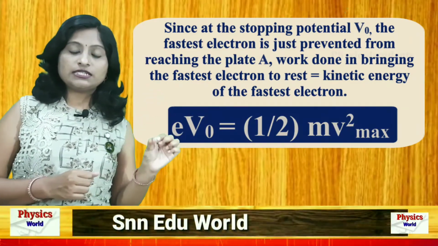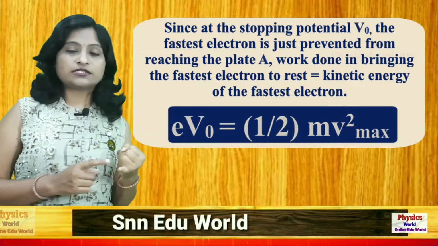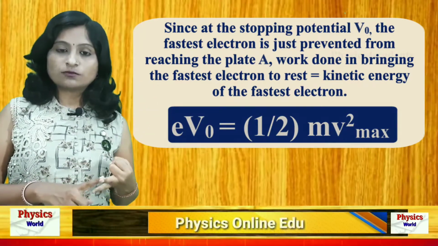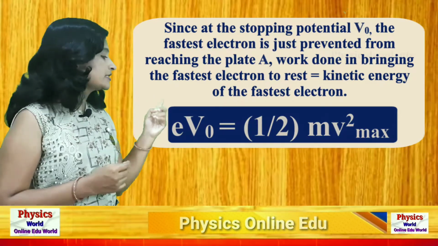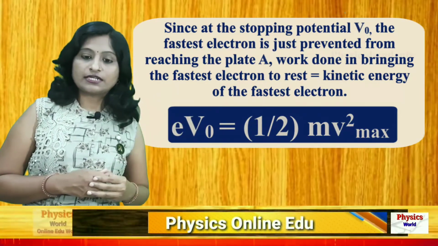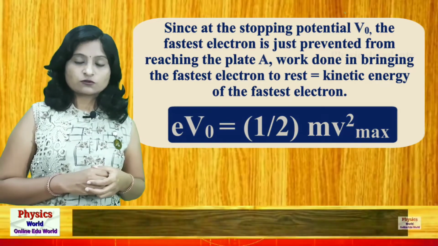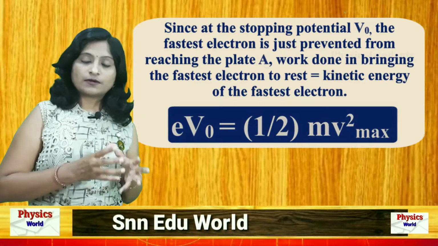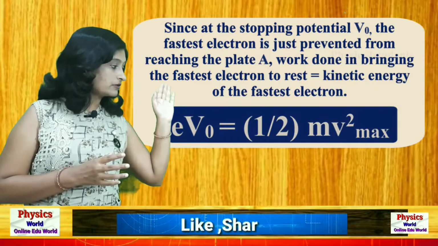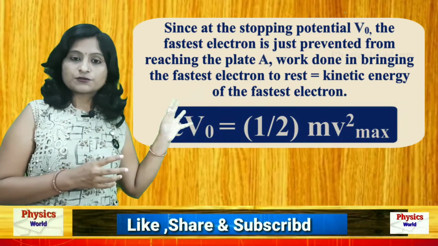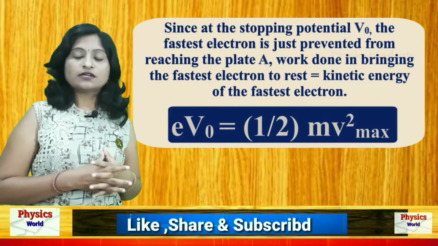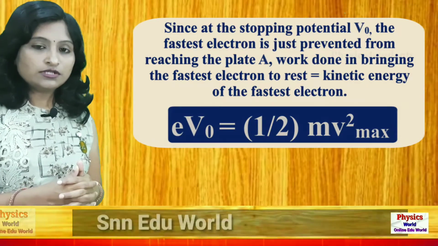That means e times V naught, where e is the charge on the electron and V naught the stopping potential, is directly related to the kinetic energy, 1/2 m v max squared. So e V naught is nothing but the kinetic energy of the electron.